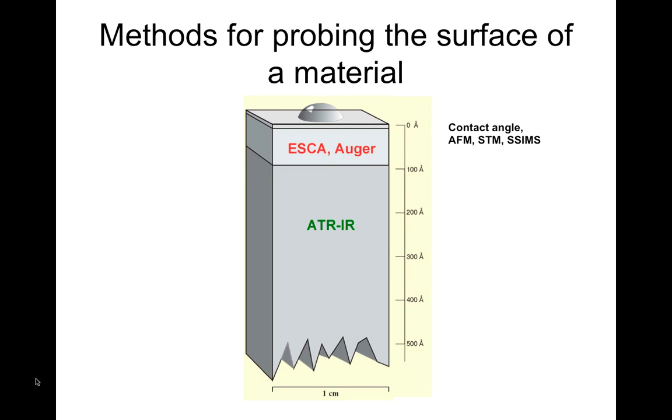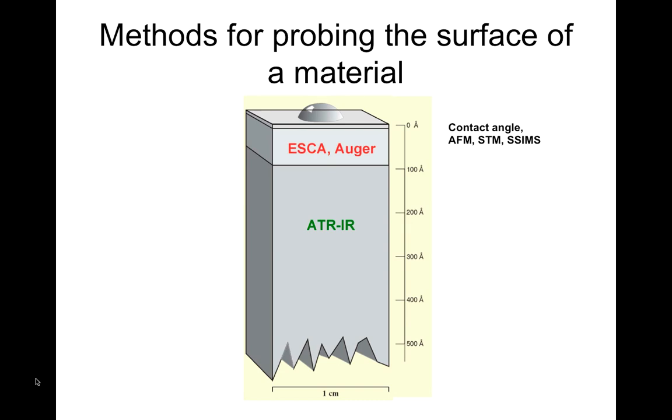And then we have atomic force microscopy, and in general scanning probe microscopy, like scanning tunneling microscopy and so on. Static secondary ion mass spectroscopy is also looking at the top layers of the material. And then the first 10 nanometers, you can see them with electron spectroscopy for chemical analysis, which is also known as XPS, X-ray photoelectron spectroscopy.